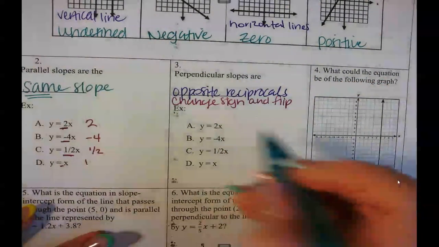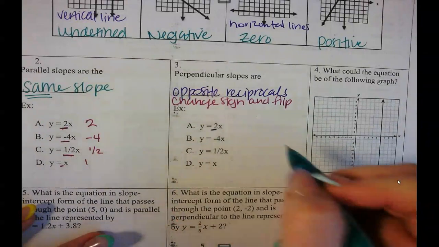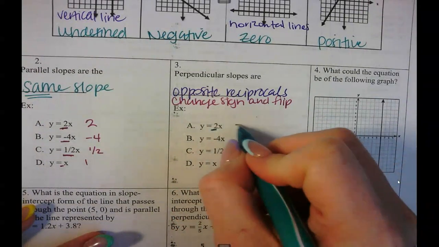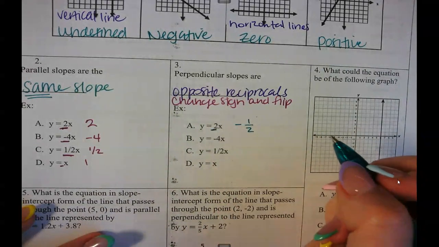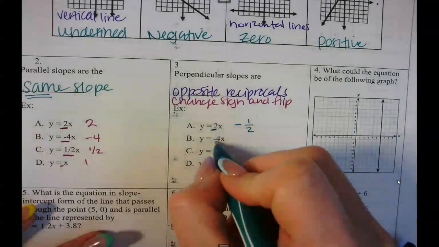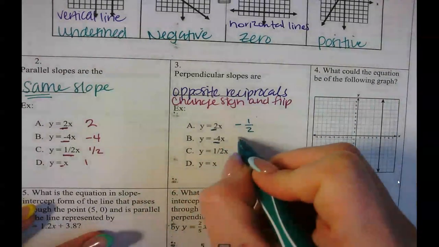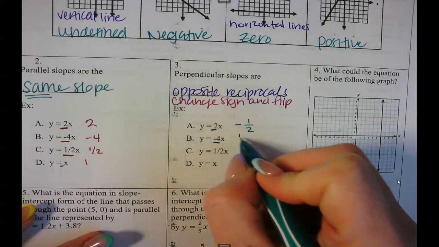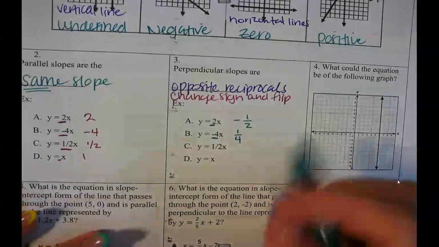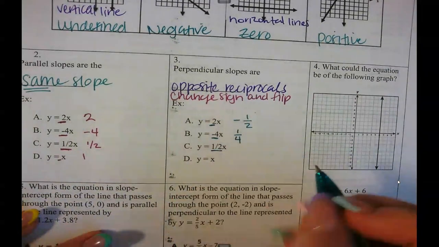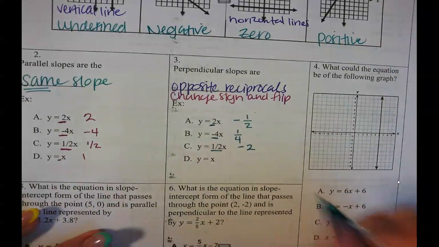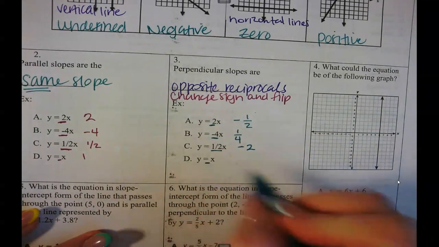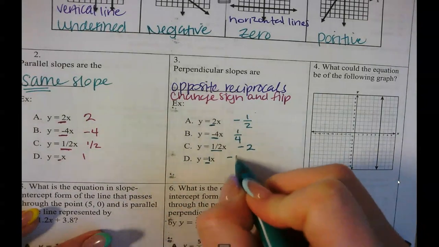So if our slope here is positive 2, we would change the sign and flip our fraction. So it'd be negative 1/2. This is negative 4. We would have a positive slope. That would be positive 1/4. This is a positive 1/2, so we would flip those numbers to negative 2. This is a positive 1, so we would change it to negative 1.